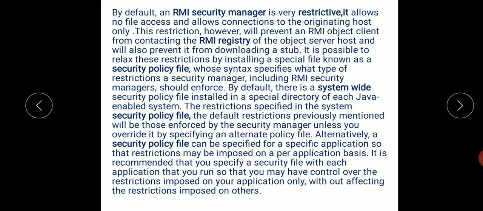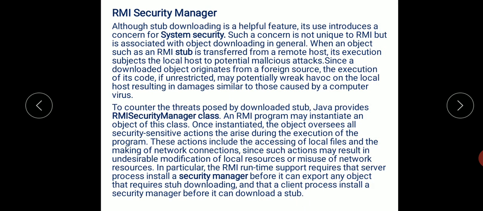So this is the RMI security manager. Why is it there? During stub downloading, you are contacting a foreign source. The stub is downloaded from the remote host, that is, your client is contacting a foreign source. So there is a chance of malicious attacks, that is, virus attacks.